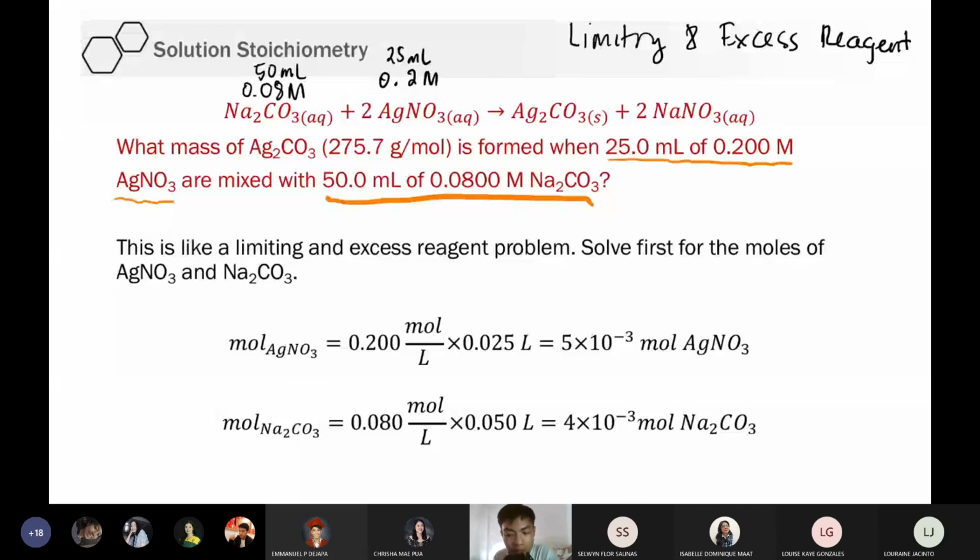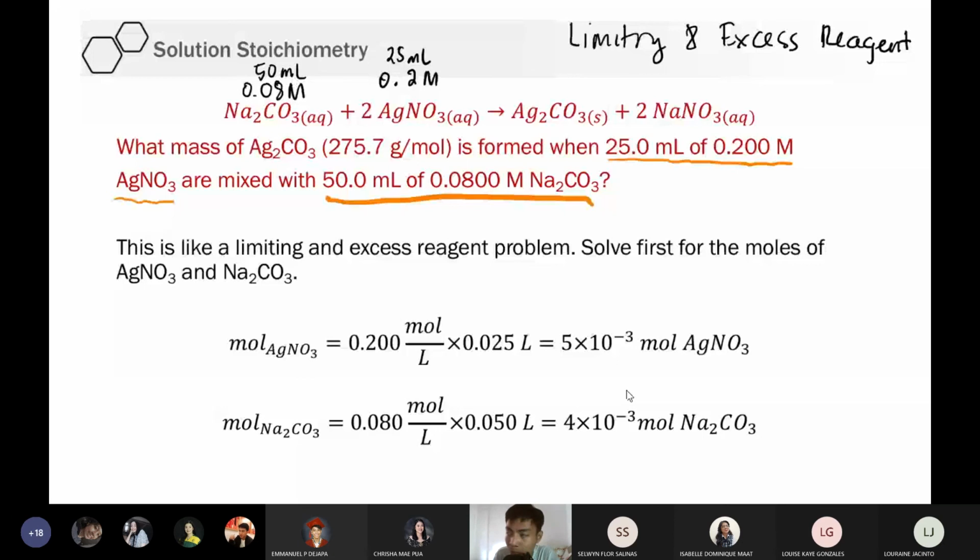Okay, so going back, again, ano gagawin natin? We convert this amount into moles of this substance to the product. Ganun din dito. Convert mo muna to mole, then convert mo siya to our products. Since molarity to get the moles, that is just molarity times the volume. So ito yan. Again, convert nyo yung ml to liters. So once we are able to solve for the moles of this substance and that substance, ano susunod na gagawin?